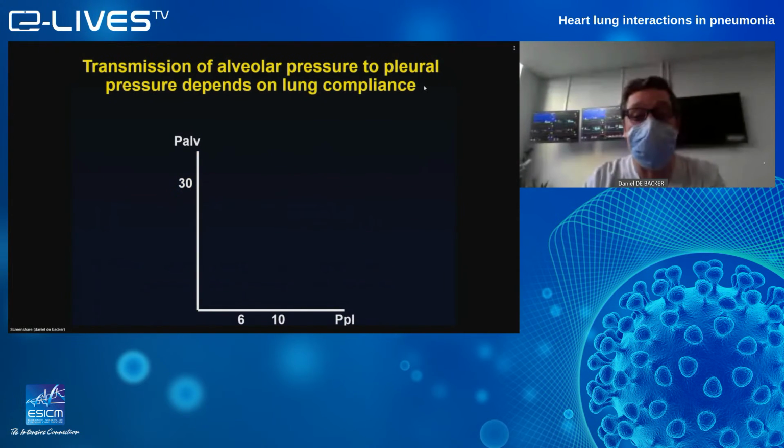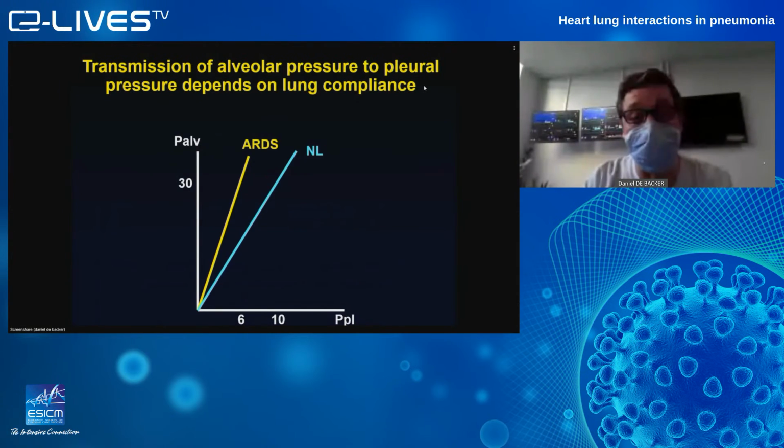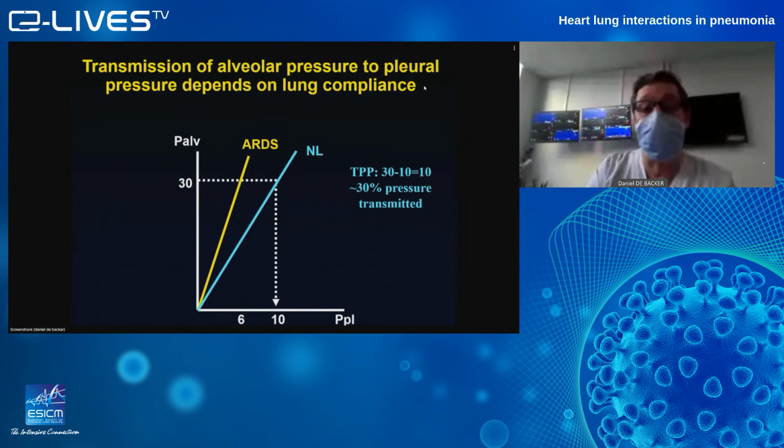Indeed, the transmission depends on the lung compliance. And basically, compared to normal, the compliance is, of course, altered in patients with RDS. And hence, for a given alveolar pressure, the amount transmitted to the pleural pressure will be somewhat lower in RDS compared to normal conditions.